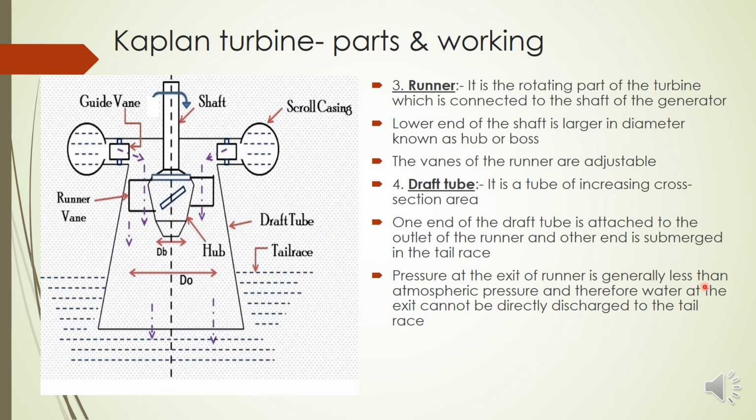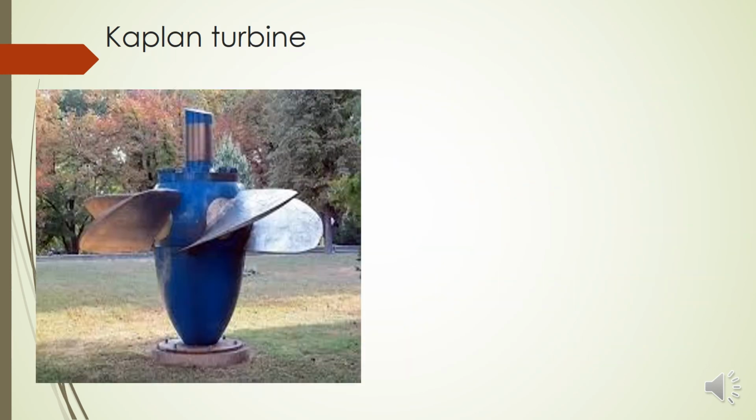The pressure at the exit of the runner is less than atmospheric pressure, and we will not directly discharge water to the tail race; passing through the draft tube, the pressure will increase above atmospheric pressure. And this is a real Kaplan turbine hub, the propeller or the runner of a Kaplan turbine with the blades.